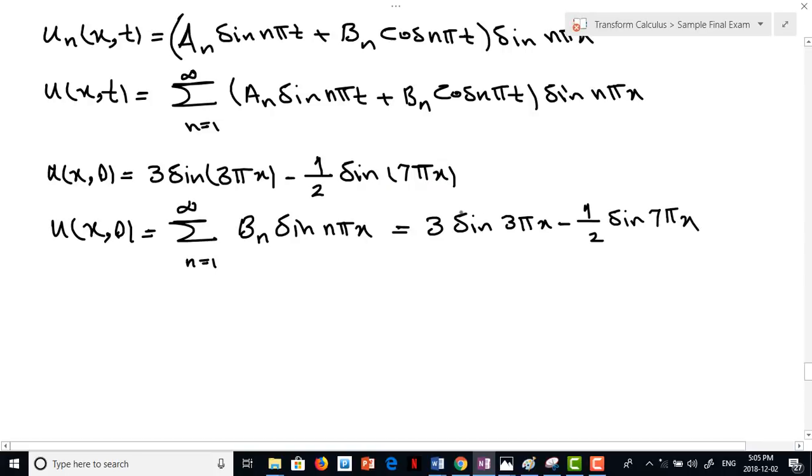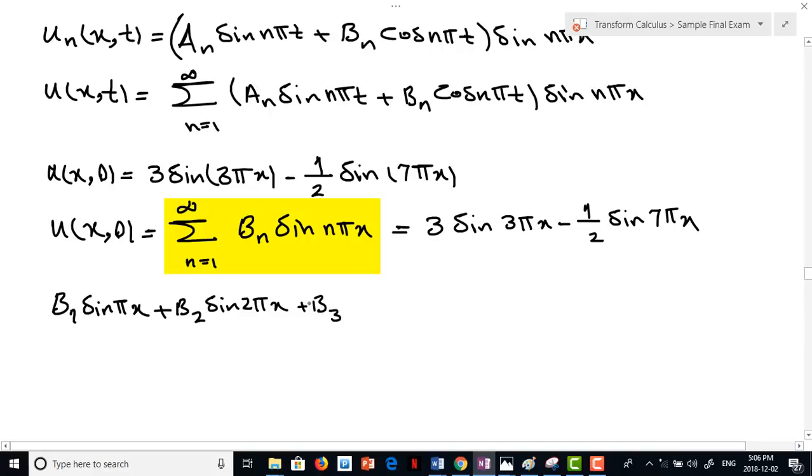Now I can use a half-range series to find bn, or I can expand the left-hand side of the equation. So I expand the left-hand side. If n is 1, we have b1 sine pi x, plus b2 sine 2 pi x, plus b3 sine 3 pi x, and so on.